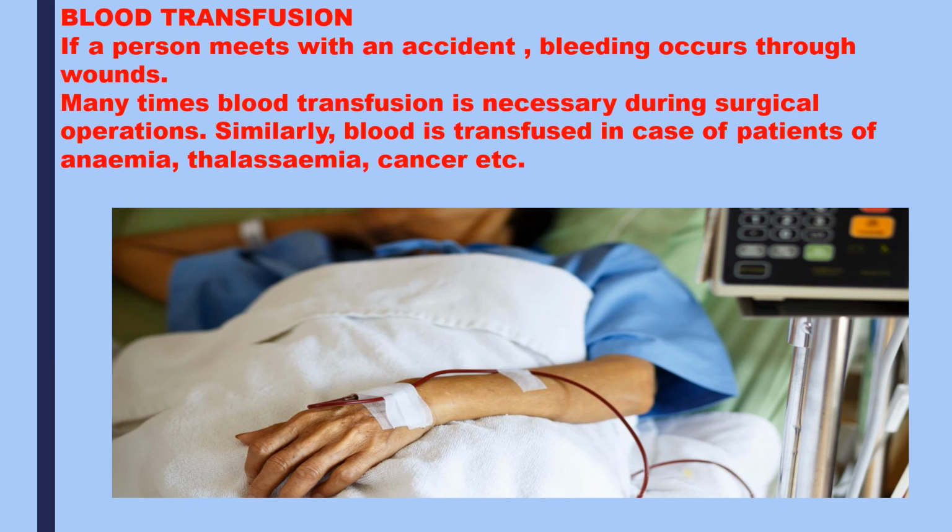Such a person will also need blood transfusion. Similarly, blood transfusion is also needed in case of patients who have anemia, thalassemia, cancer, etc. Thalassemia is a hereditary disorder where the person has less than the normal number of RBCs in the blood.